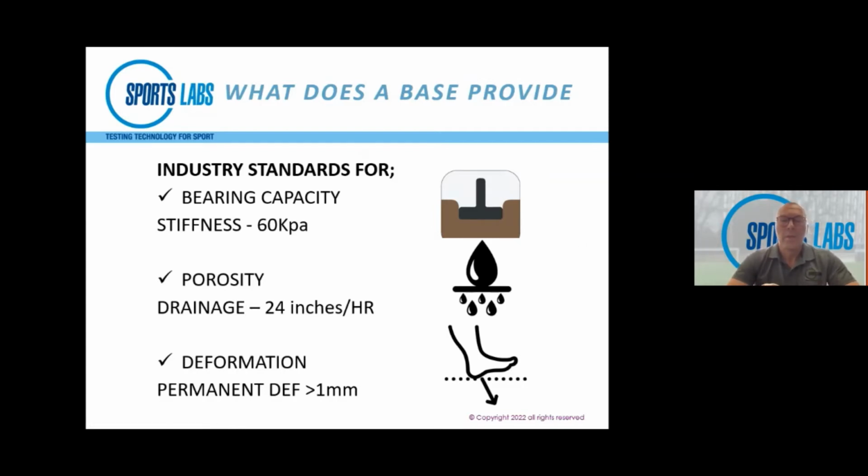Now, in various standards, there are minimum requirements for, say, stiffness or bearing capacity, and this can be measured a number of ways. We've called it stiffness here, but some of the engineers out there will be familiar with CBRs or density tests that are done on the surface. We've set a standard through many years of experience, where we want a crushed stone subbase material to hit a certain target. 60 kilopascals is about 1250 pounds per square foot on a load.